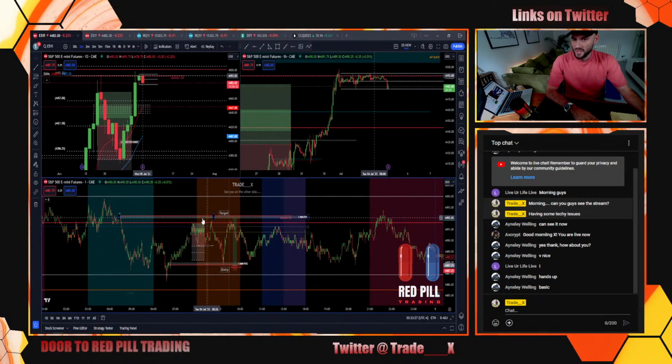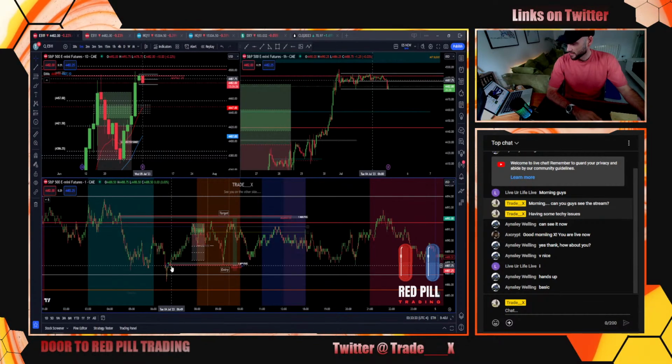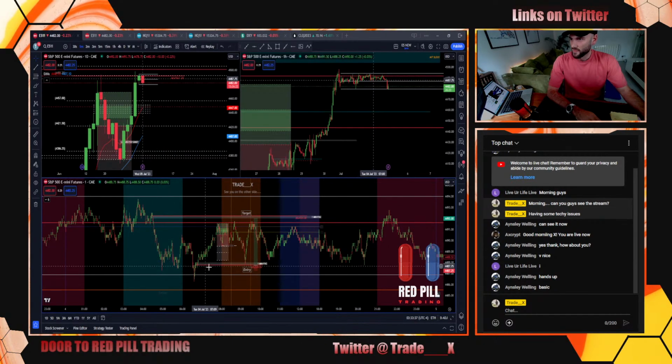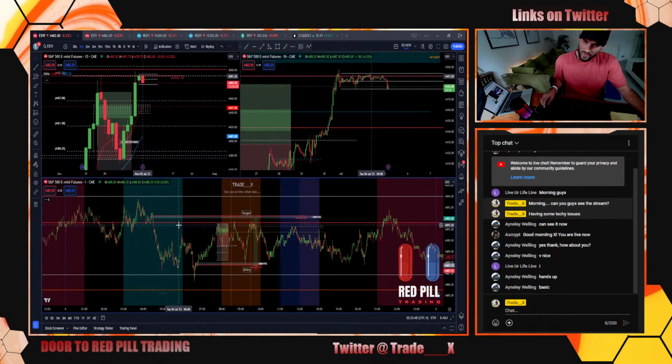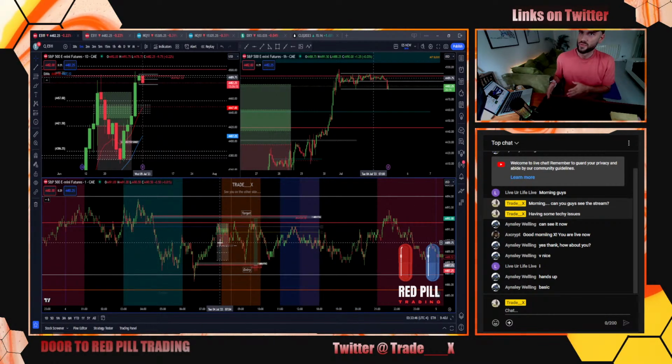What we're doing with search and destroy, and we're going to start with it very, very basically and then move into SMT, because they both work hand in hand, right? With SMT, and this is a very brief overview because I gave a detailed breakdown inside Red Pill yesterday, we're looking to work inside a range, and inside that range we're going to have inefficiencies and imbalances in price.